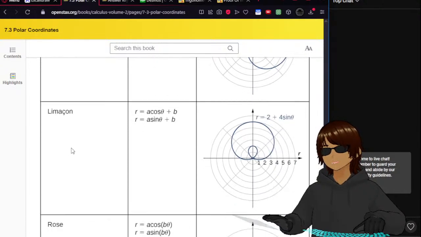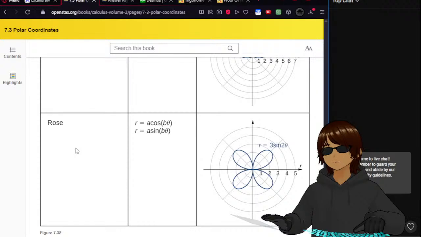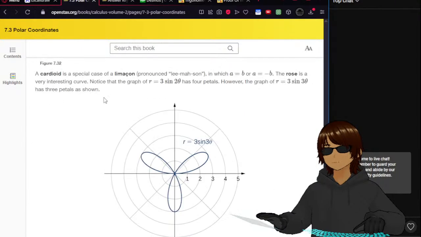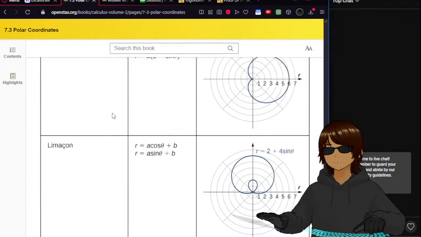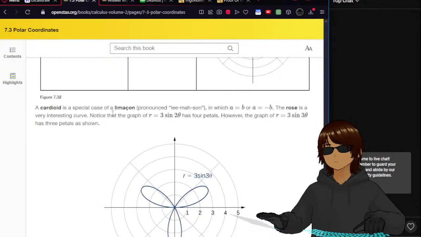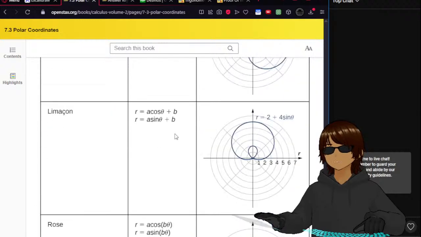Limaçon, rose. Cardioid is a special case of limaçon. I don't even know if this is how you pronounce it correctly. Limaçon, in which a is equal to b and a is equal to minus b.